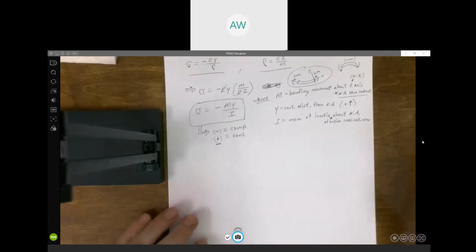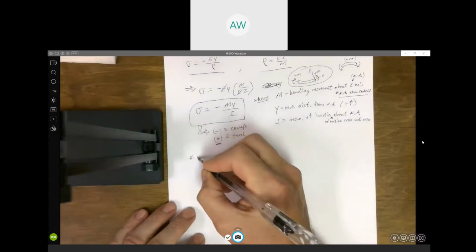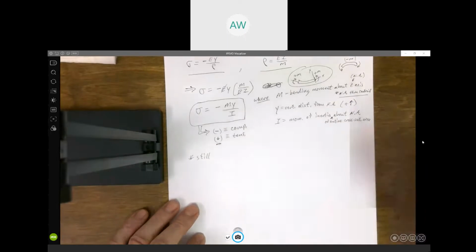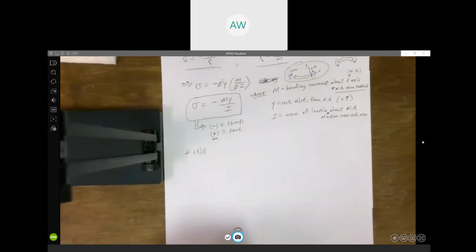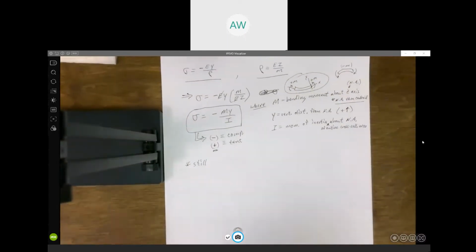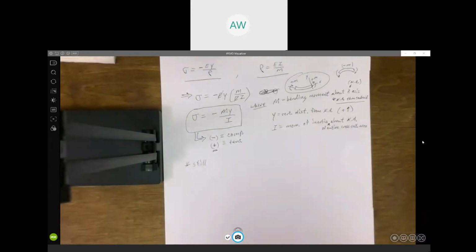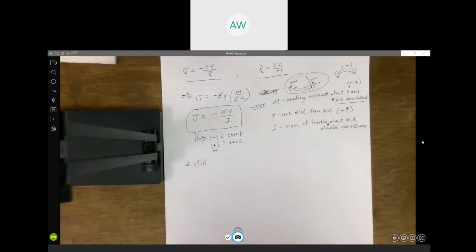Now, I will point out, back when we did normal stress in axially loaded members, I emphasized, hopefully, that it was important to differentiate between tension and compression. And the reason for that was buckling.